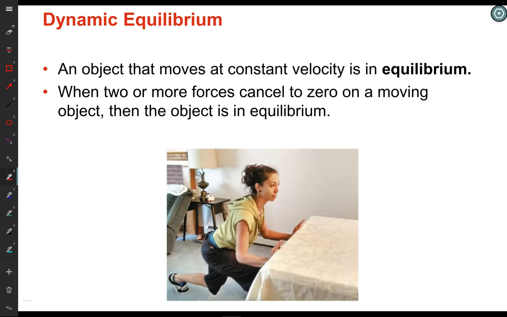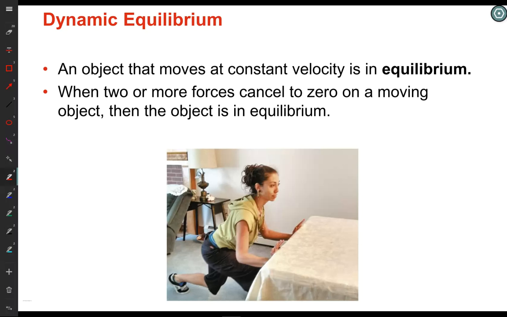Equal, they're the same. And what is the librium? Remember that we used LB as our abbreviation for pound. The librium stands for force. A pound is a unit of force. So what is a force? Anything that pushes or pulls. So equilibrium means equal forces.